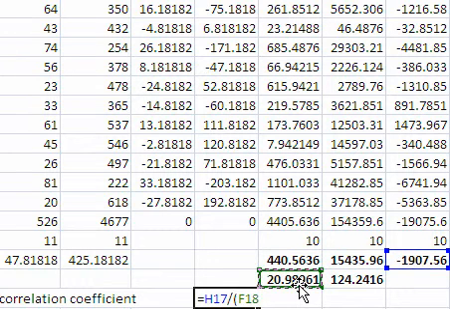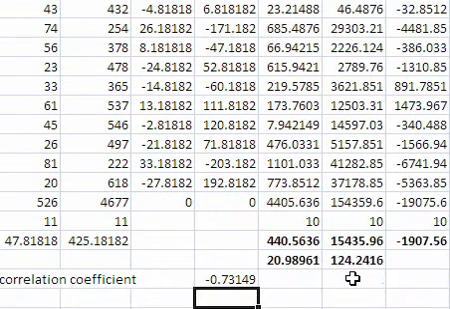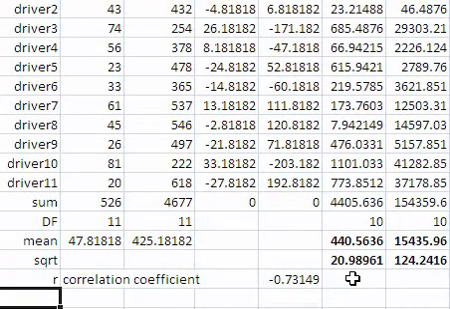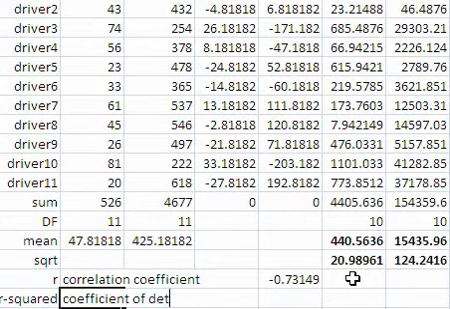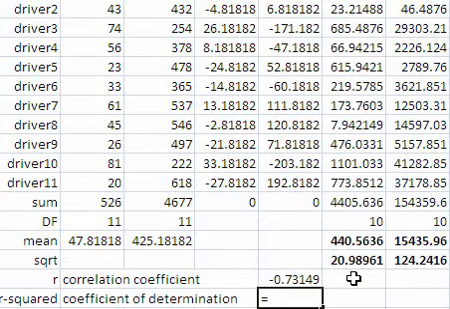This times that. And R squared is called the coefficient of determination, is simply equal to R times R. There.